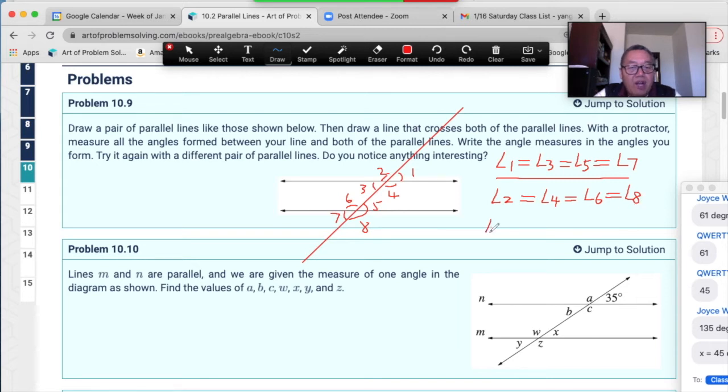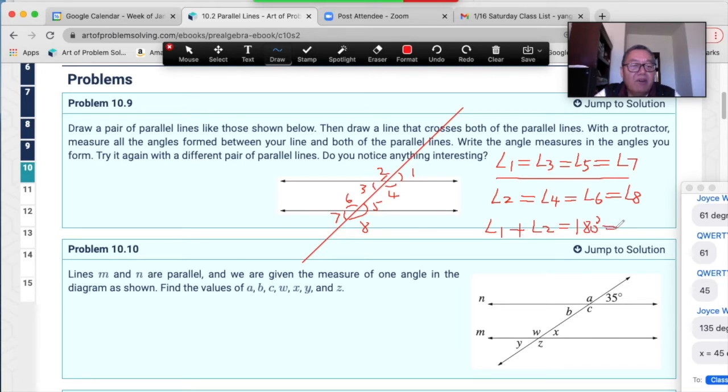And we also have angle 1 plus angle 2 equals 180 degrees. You can see here angle 1 and angle 2 form a straight line. This is called a straight angle. Angle 1 plus angle 2 equals 180 degrees.